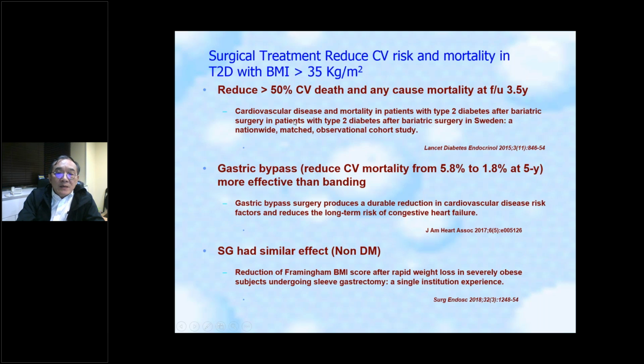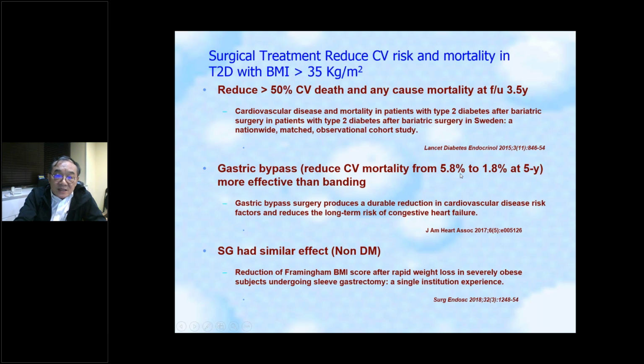So this paper shows the reduction of CV deaths in morbidly obese patients with diabetes. The risk reduction is around 50%. They followed for 3.5 years and already saw a 50% CV death reduction. This paper shows the absolute reduction.